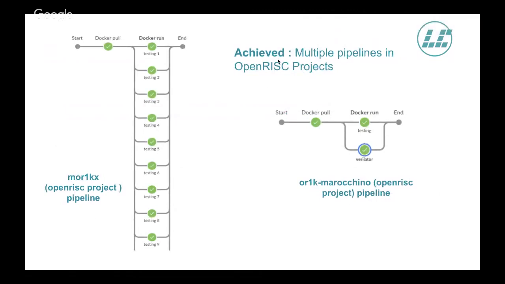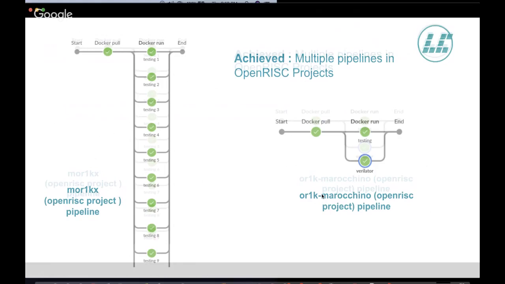So this is what has been achieved in phase 1. We were able to create multiple pipelines in OpenRISC projects. As you can see, we can create pipelines for the mor1kx and or1k Marocchino projects, which are projects under OpenRISC. I'll just give you a demo.